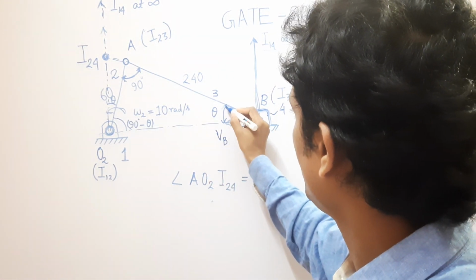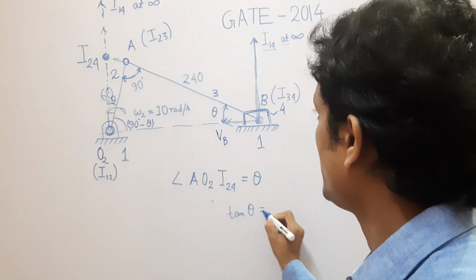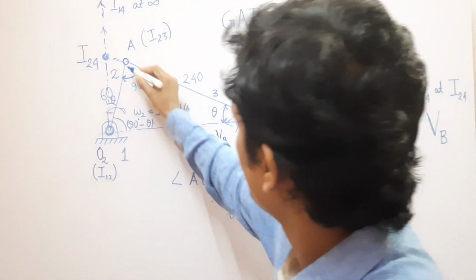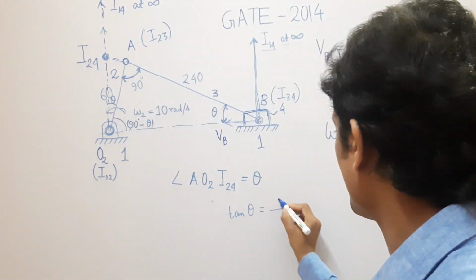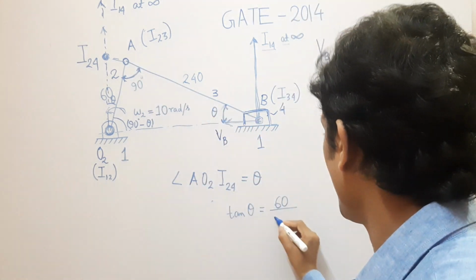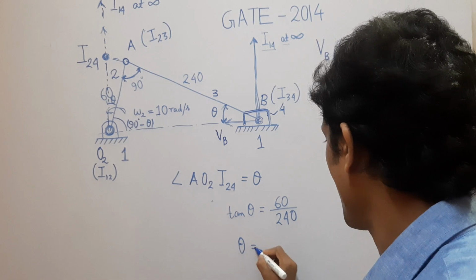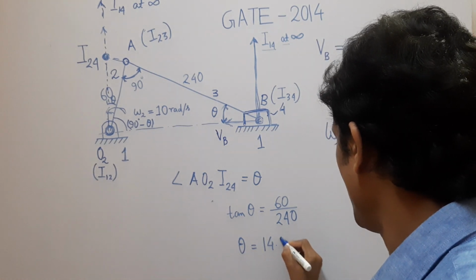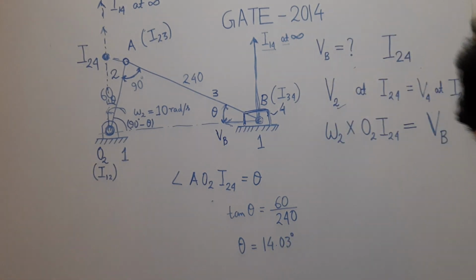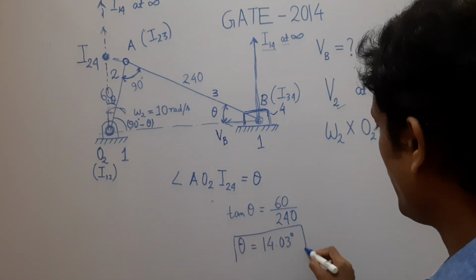No, sorry, tan of theta. Tan of theta equal to what? This is the perpendicular, so this length is 60 divided by 240, and theta will come 14.03 degree. Let us calculate that this angle will come 14.03 degree.